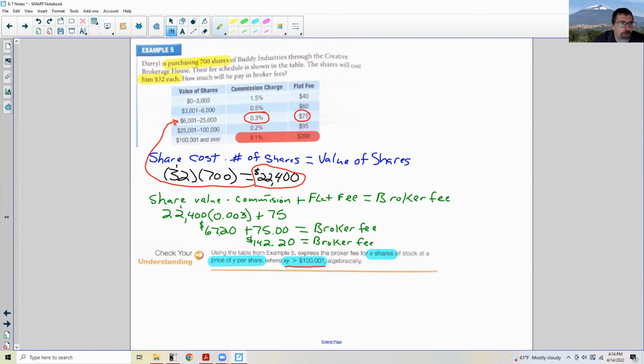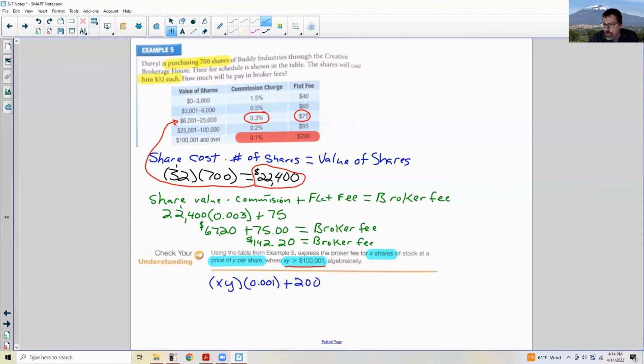Okay, so let's switch back to pen and do this. What did we do here? They've already calculated the value of shares. The value of shares is X times Y, which is our 32 times our 700 in the example. You multiply it by 0.001, our commission charge, plus $200.